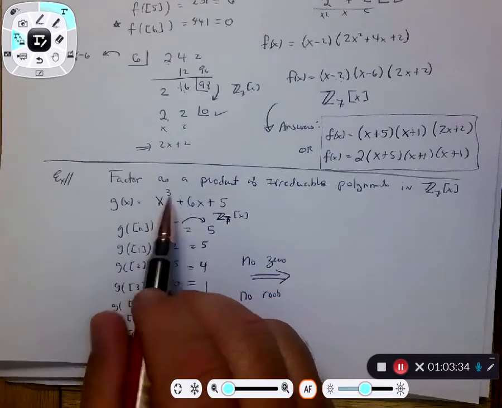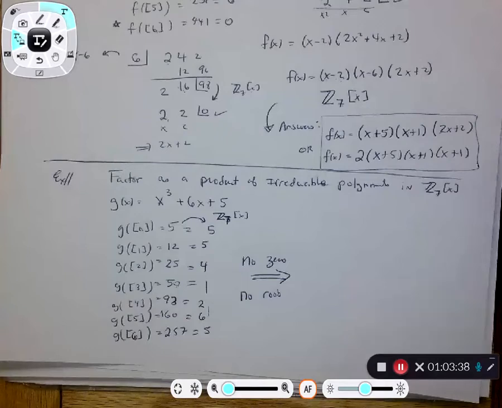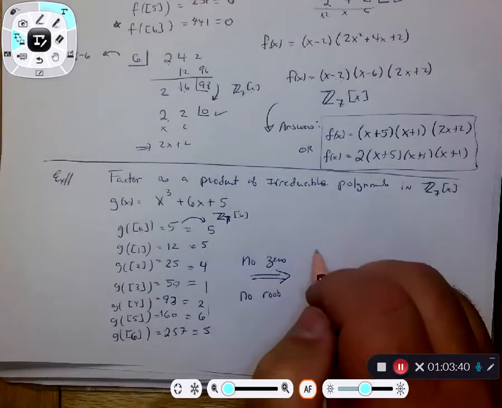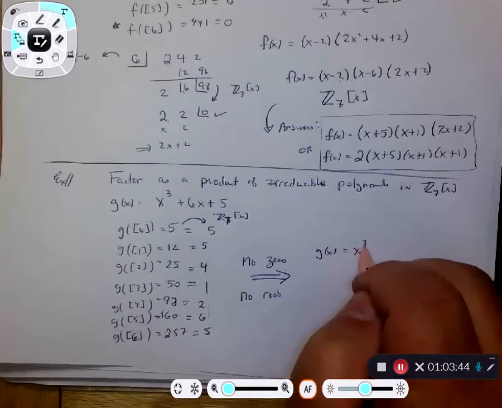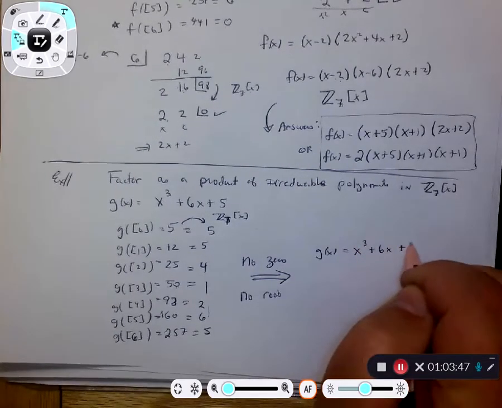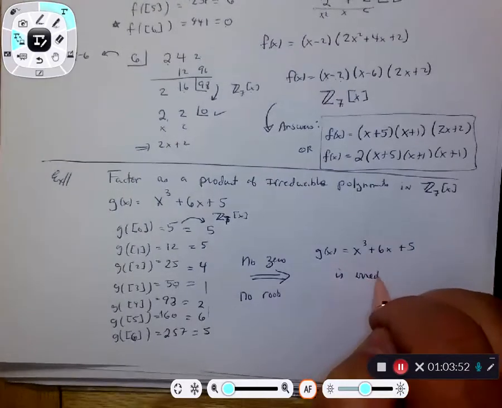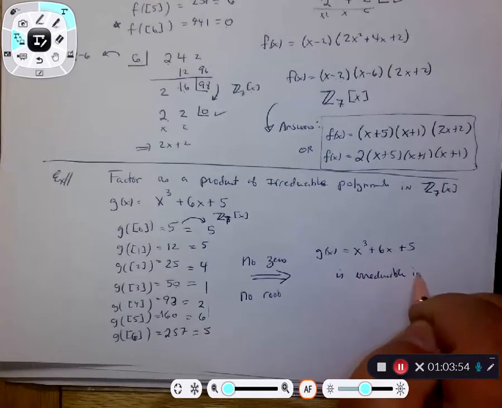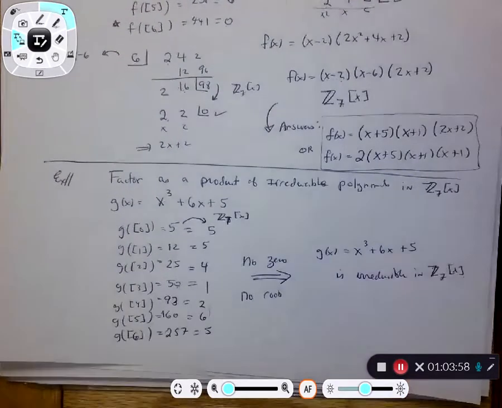Remember our theorem about if it's degree 2 or degree 3, this will always work. There are no roots, which means that the polynomial g of x equals x cubed plus 6x plus 5 is irreducible in Z7 adjoin x.